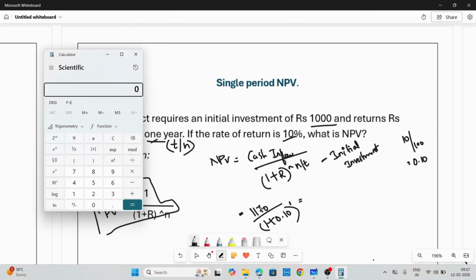So 1170 divided by (1 plus 0.10) to the power of 1. What's the answer?